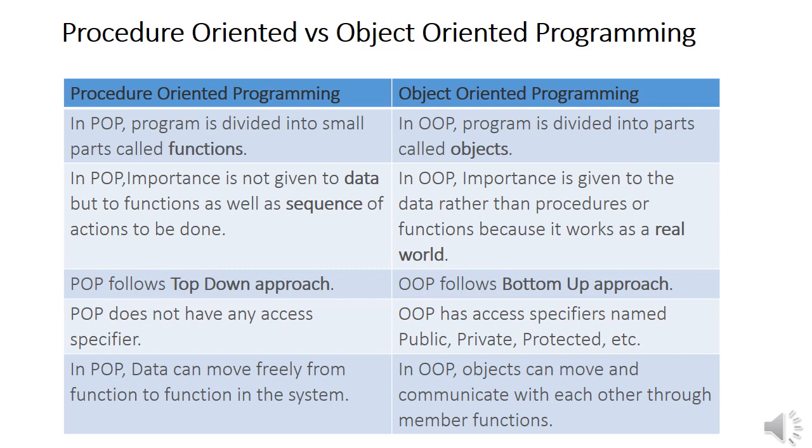In procedure-oriented programming, data can move from one function to another function freely in the system. But in object-oriented programming, the objects can move and communicate with each other through the member functions.